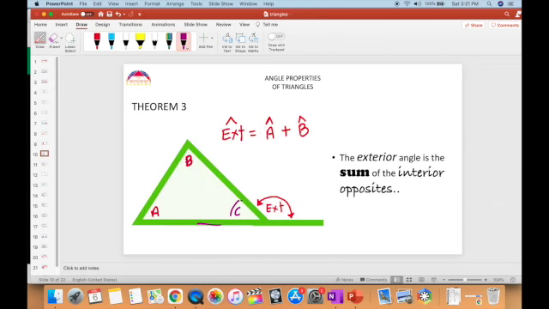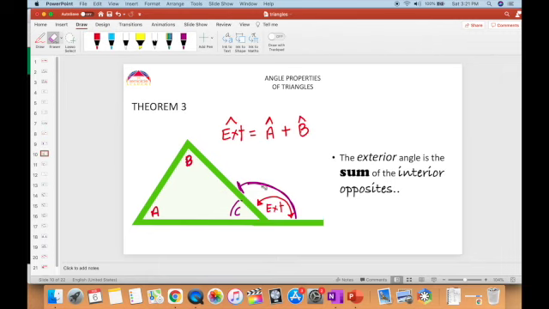If I was to draw this, extend this side into a straight line, wouldn't this be 180 degrees? Yes, sir. And if this is 180 degrees, what if I take off this angle here? Then I will just have this left, and that's all that I would have left, right?